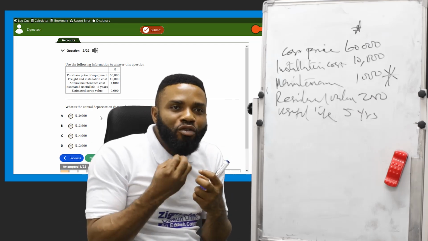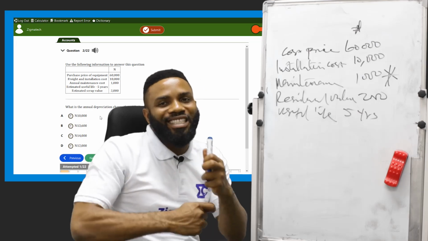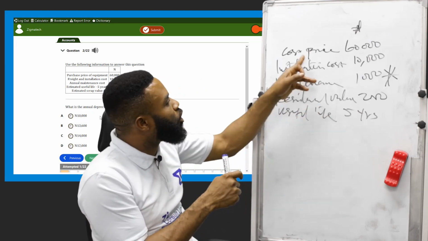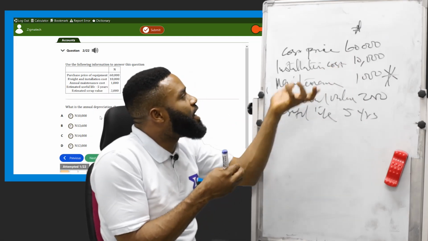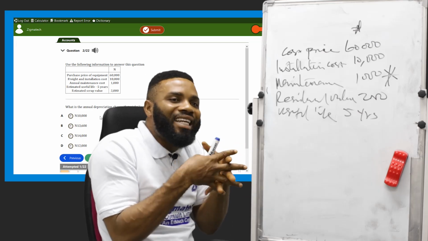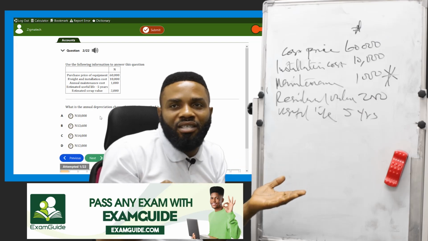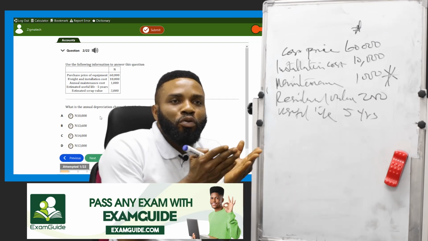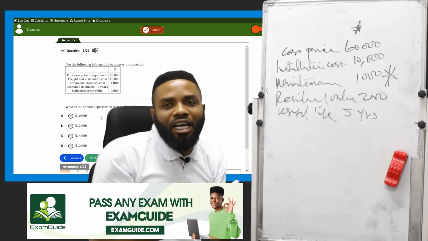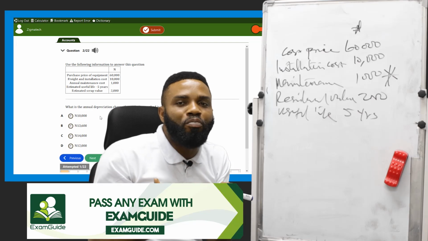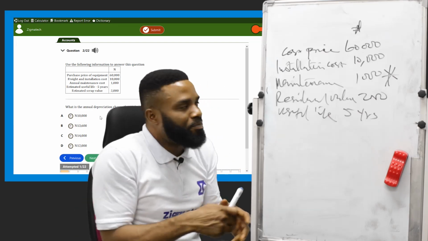But if the value is not big enough to affect the value of the asset, such a value can be expensed. So in this case now, we said cost price is 60,000. They say installation cost. The cost involved in installing the asset must be added to the cost of the asset. You can't buy an AC, air conditioner, and then you put it in your house and you will not consider the cost of installing it. There are some assets that when you buy them into the company, the cost of installation must be part of the cost of the asset.